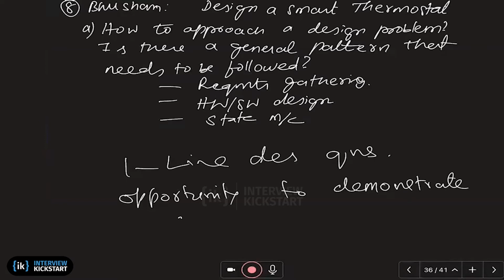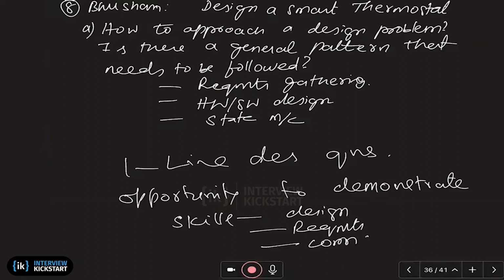Not only technical skills, it could be design skills, requirements gathering skills, or other soft skills, basically communication skills. So it's an opportunity, irrespective of what the problem statement is. And it also means a certain degree of product awareness, right? So that is what the interviewer is looking for in such questions.